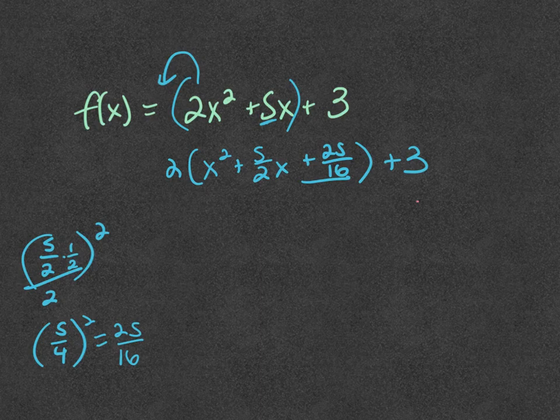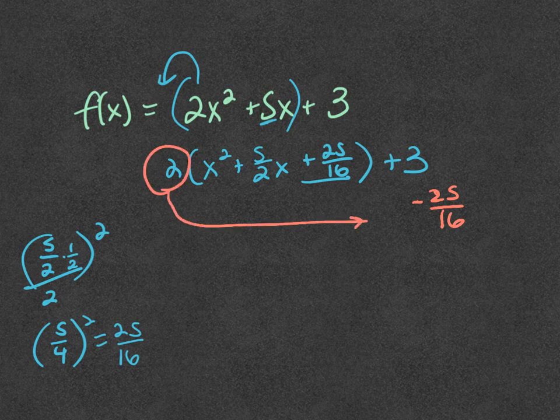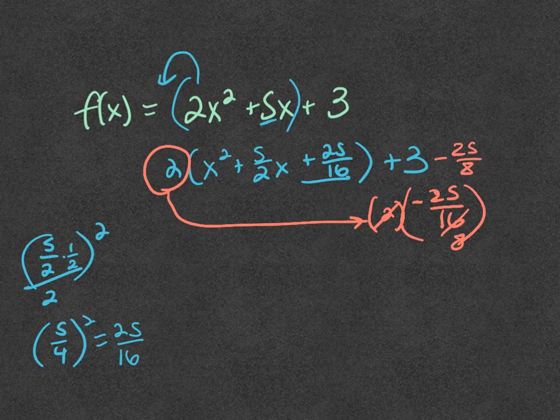Normally I subtract it from out here, but before you do that, you have to multiply it by the 2 you took out. So if you take a number out before you add it outside the parentheses, or subtract it outside the parentheses, sorry, you have to multiply it times the number on the front. So this would become 25/8, and I'd have to subtract 25/8 from 3, which is 24/8.